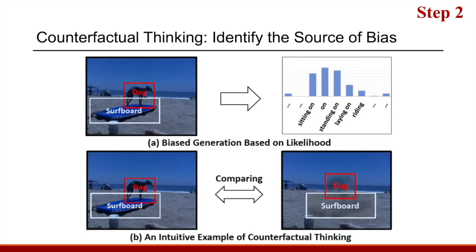For example, in scene graph generation, we found that even if we set the object features as dummy vectors, the prediction is still almost the same as the original, which means the bottom right counterfactual case creates a shortcut. This is pure blind guessing that we definitely want to avoid.